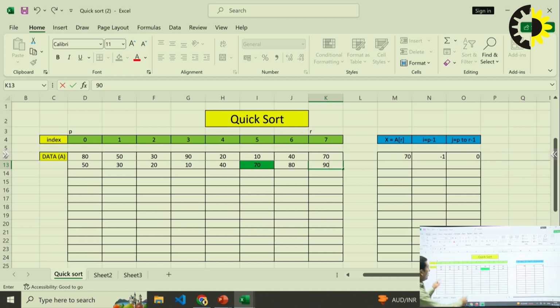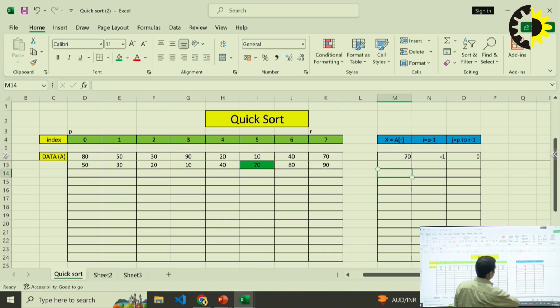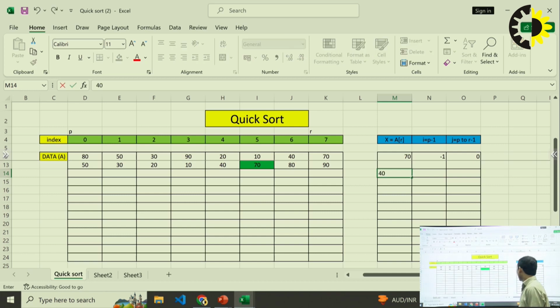So for this portion, now repeat the process. Now X equals AR, R is 4, so AR is 40. Now this is 40.